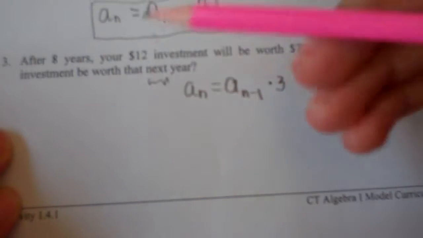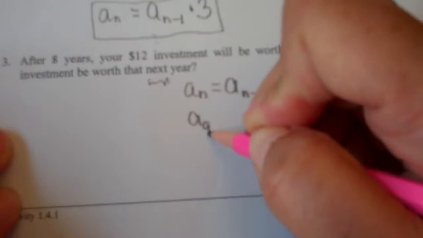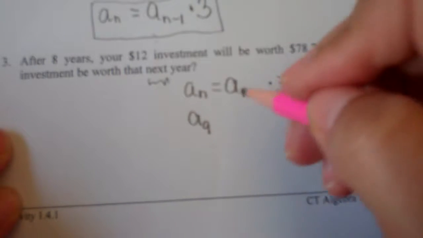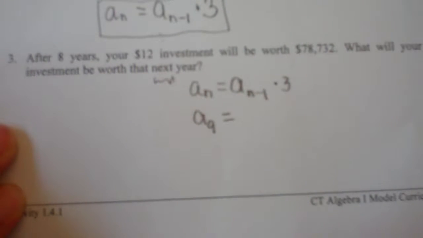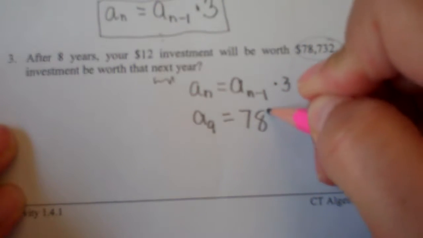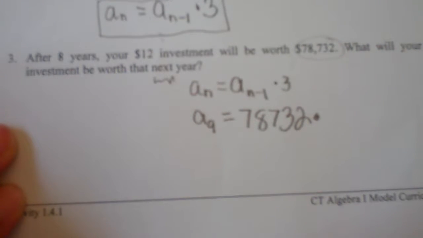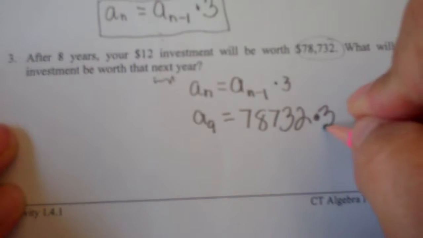Now it says after 8 years, and I'm looking for the next year, so this is going to be a sub 9 equals, now my previous amount is 78,732, which they told me in the problem. And what I'm going to do using my recursive rule is multiply it by 3.